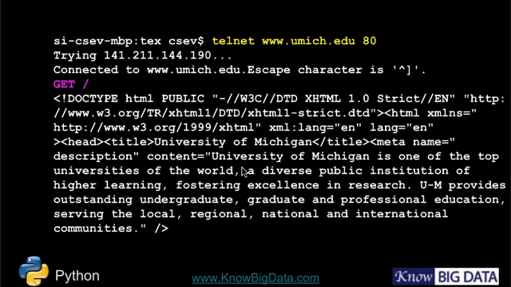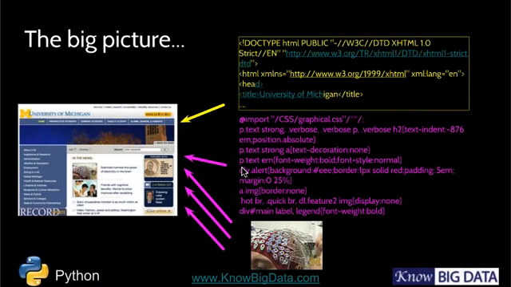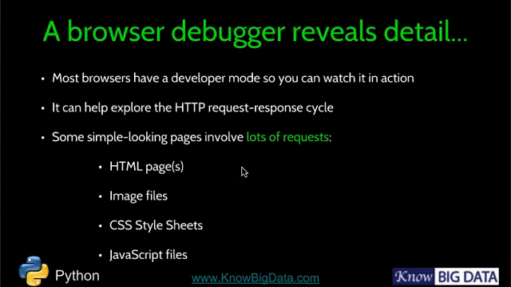So it's like opening the website in the browser, except instead of the browser understanding HTML, you see the raw response. Whatever HTML we are getting goes into the browser. You can use the debugger of your browser to understand what all content is coming.